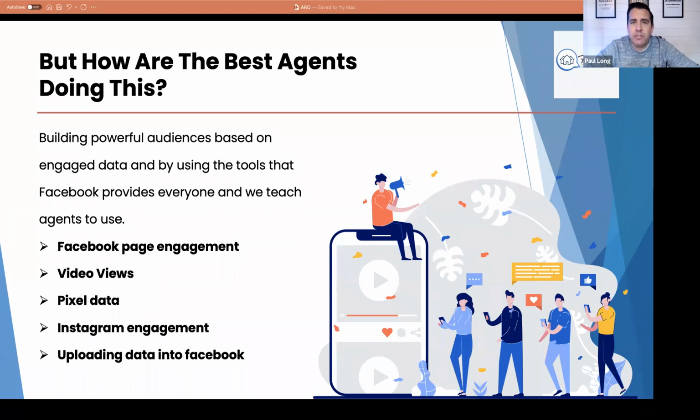And if you're lucky enough to have a large sales department, think about all the people that have registered with you over the years who've said that they're investors looking for property to buy to then rent out, and perhaps you didn't find them anything, or your estate agency side didn't find them anything, but they're still probably investors and landlords, and you can upload them into Facebook and again stay top of mind with your content.